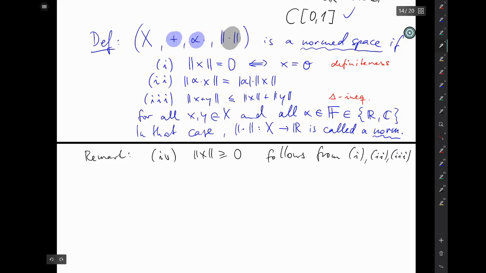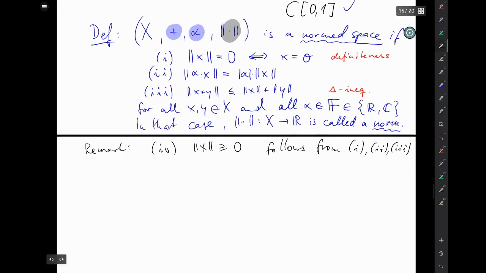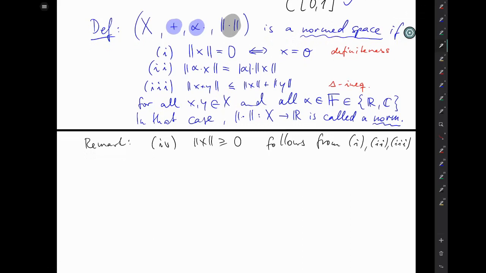And the proof is like we did this before for metrics. Want to see how? Let's play around a little bit. Okay, let's take the norm of an element x and we add to it the norm of the element minus x.